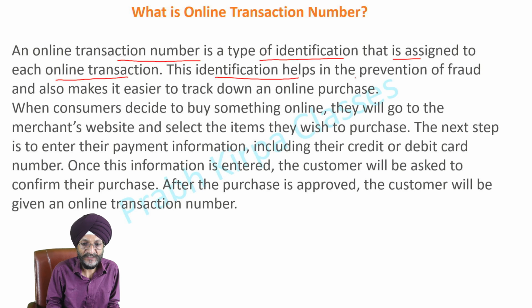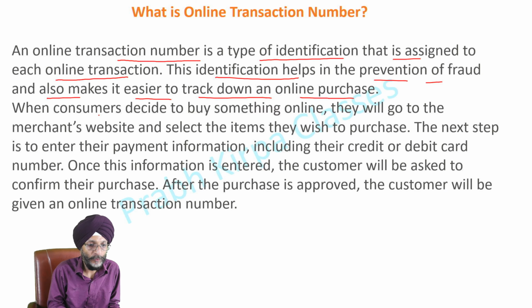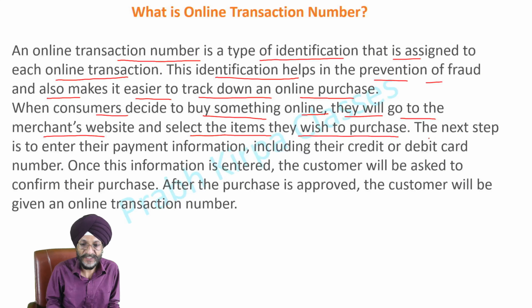An online transaction number is a type of identification that is assigned to each online transaction. This identification helps in the prevention of fraud and also makes it easy to track down an online purchase. When a consumer decides to buy something online, they will go to the merchant's website and select the items they wish to purchase.